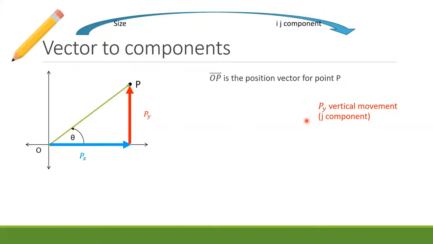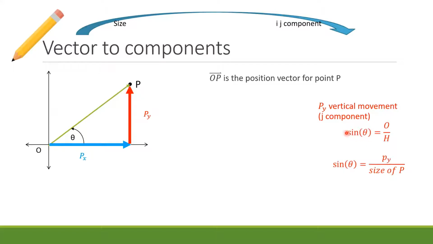Okay, so how can I take an angle and the size of this line and find out what P of Y is? Well, there's a couple of steps here. The first would be, we want to know the opposite side of this line. So we're going to use sine.